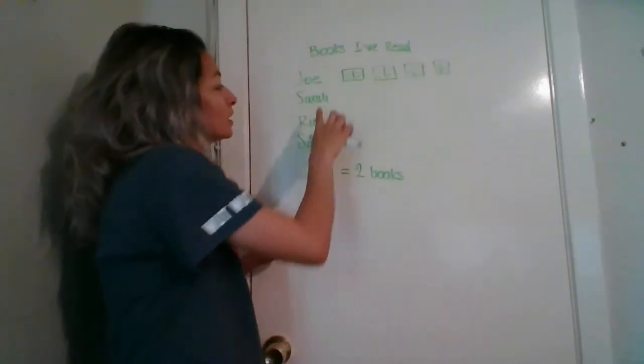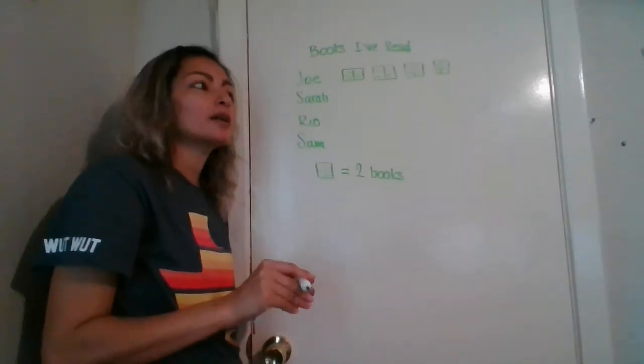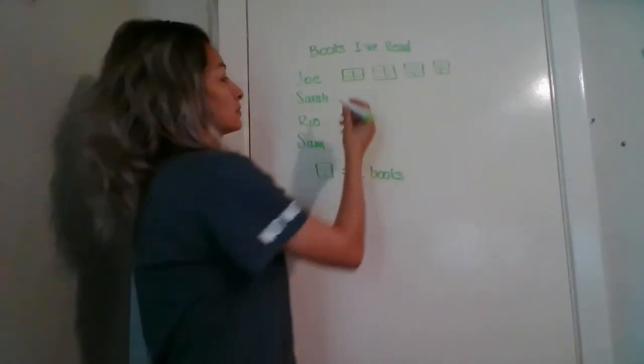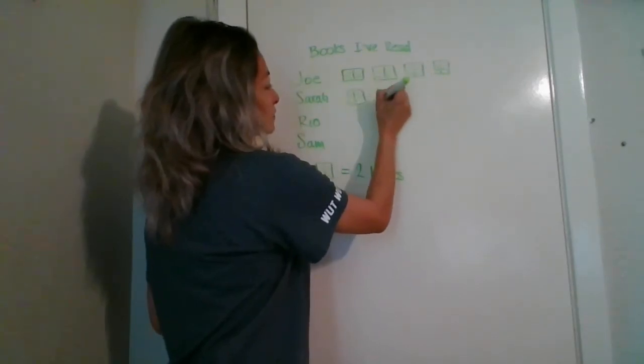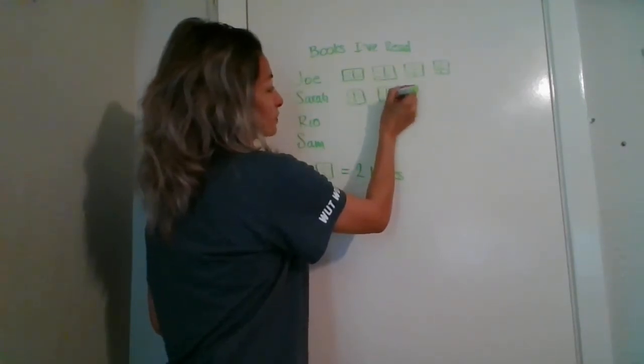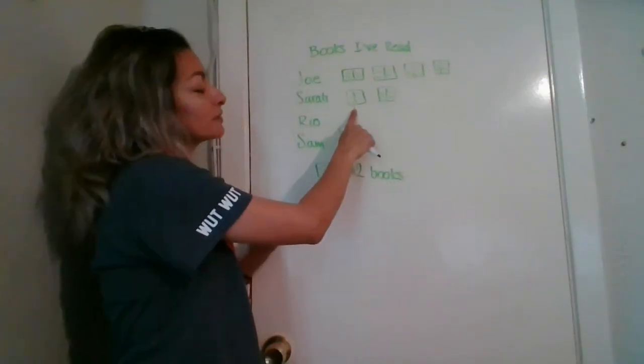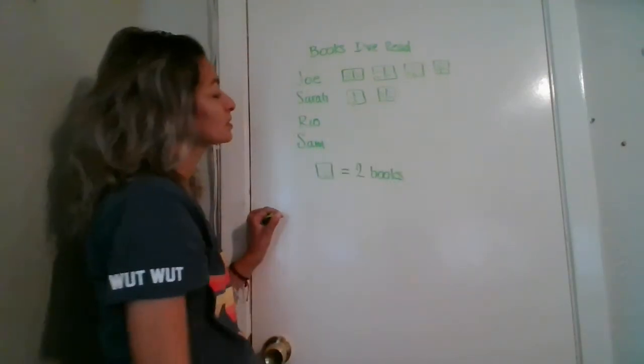Okay. Now, if Sarah read only 4 books, well, I'm going to represent it with only 2 because each one of these represents 2 books.